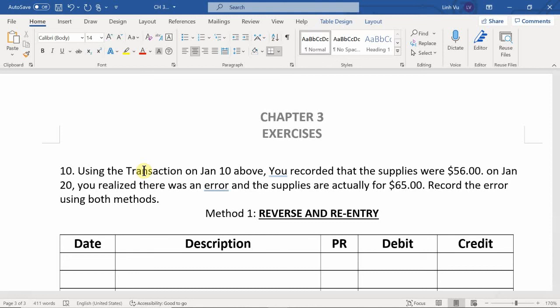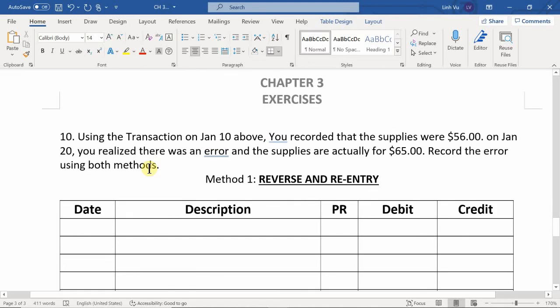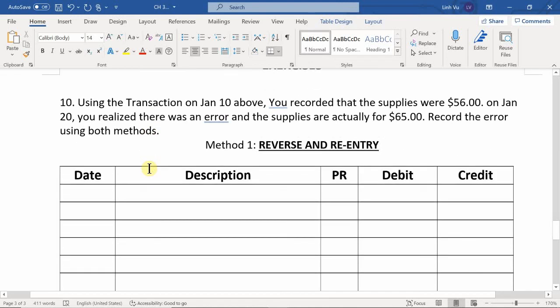Record this using both methods. The first one, method number 1, is the reverse and re-entry method. Now it is January 20th, because we find out 10 days later that I made a mistake in my journal.